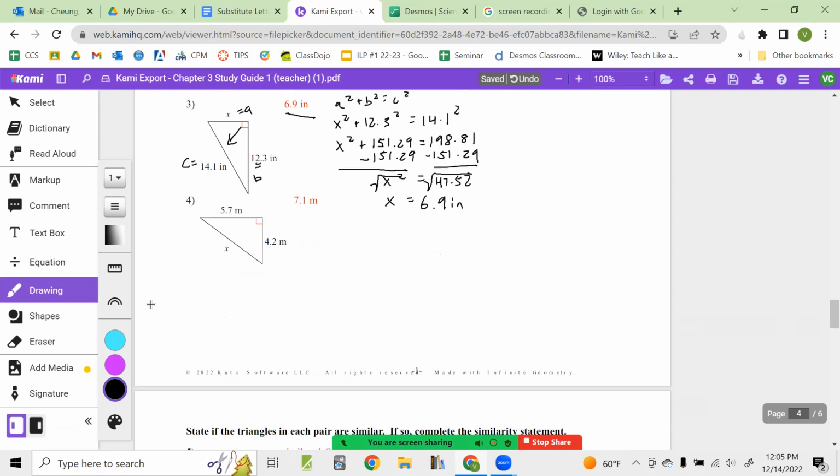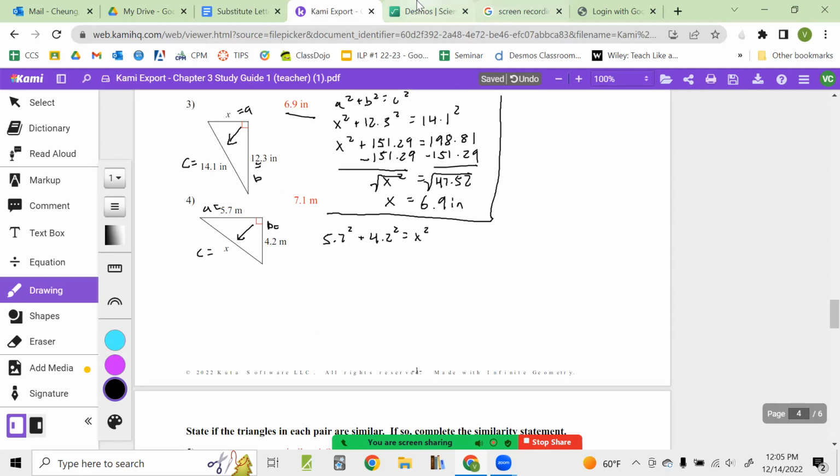The next one, so let me just box this off. All right, same thing. What's the longest side? Well, farthest from the 90, that's our hypotenuse, the C. And then the other two are going to be A and B. So we're going to go 5.7 squared plus 4.2 squared equals x squared.